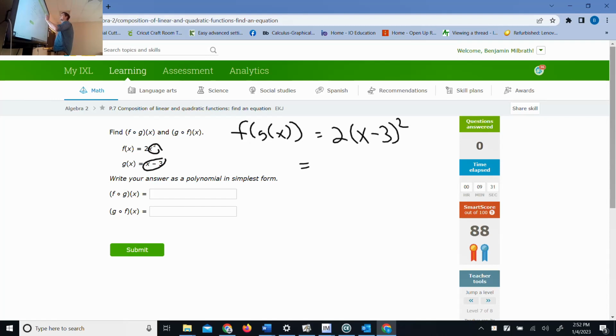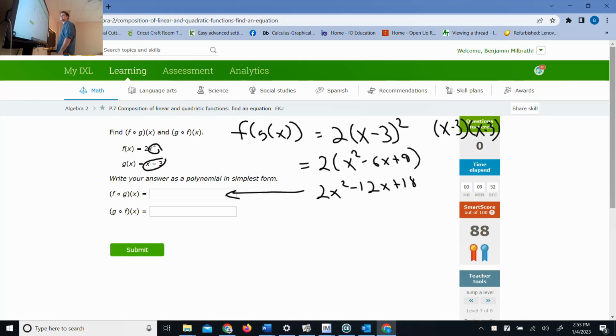Now if I was to write x minus 3 twice in FOIL, which you should do if you're pretty weak at it, write it out, make sure you match me, I would get x squared minus 6x plus a 9. And then I distribute my 2. 2x squared, take away 12x plus an 18. And that would go right there.